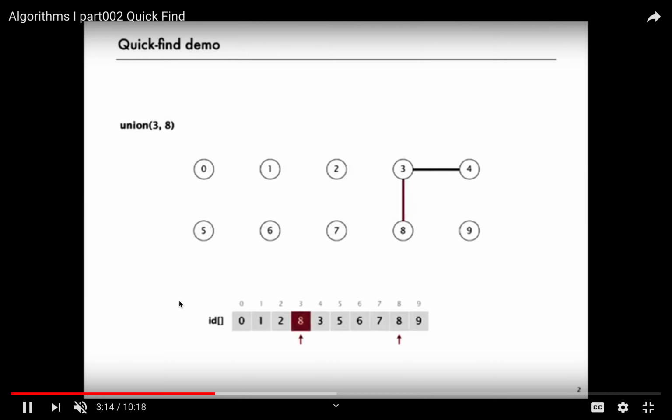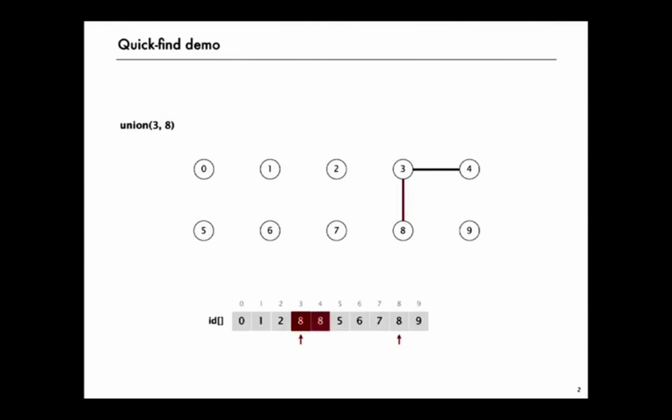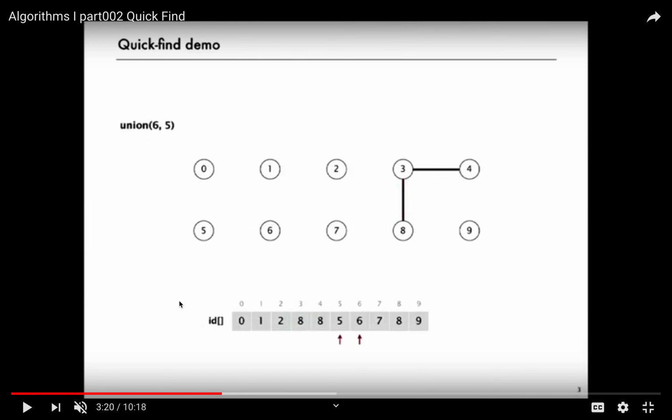So next we had union 3, 8. In this example, the ID of 3 should be replaced with the ID of 8. So 8 came here, and as the extra step all the 3s should be replaced by 8. So you can see 8 is replaced.